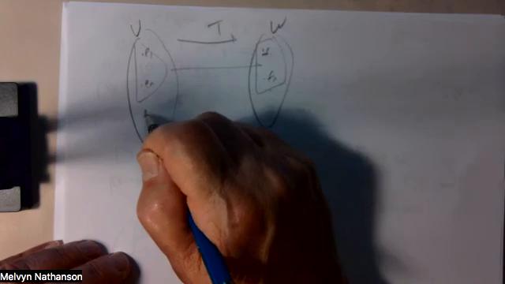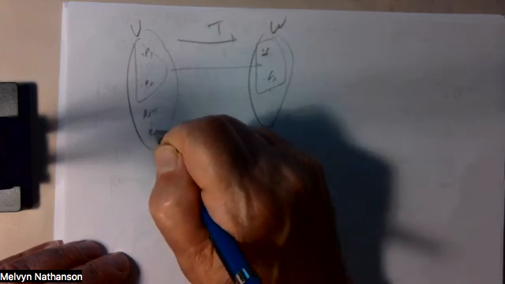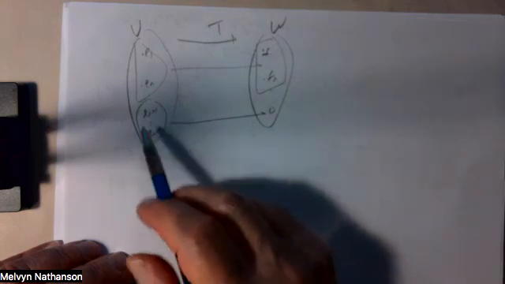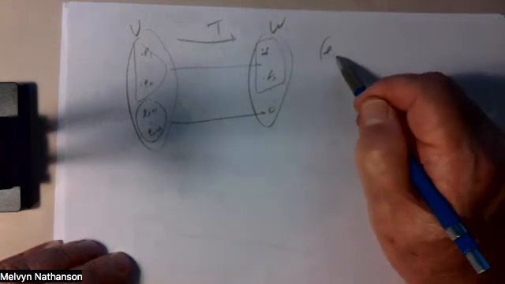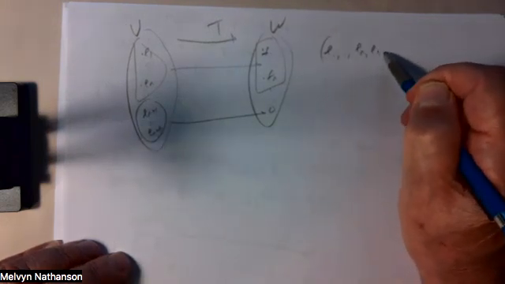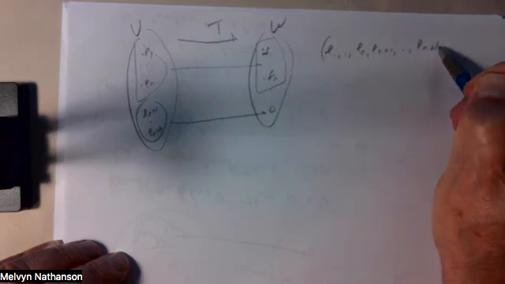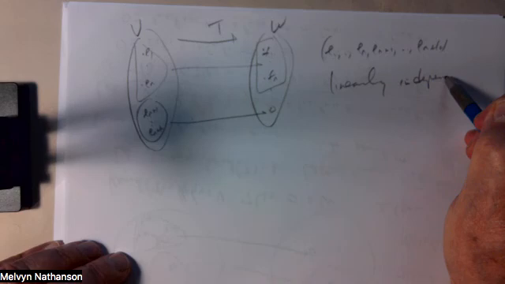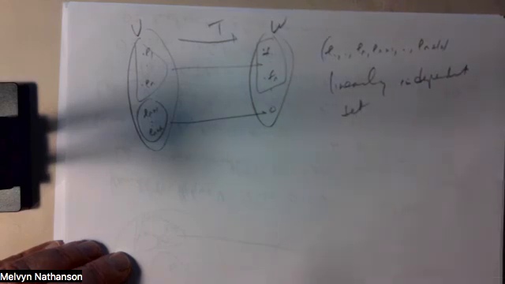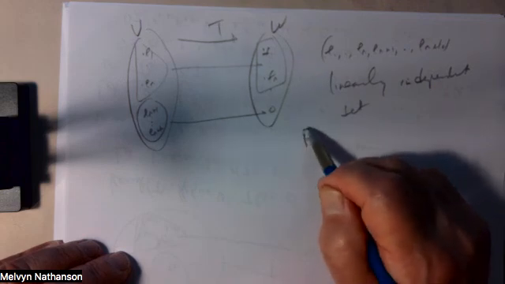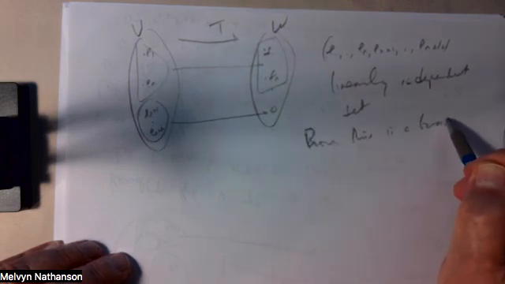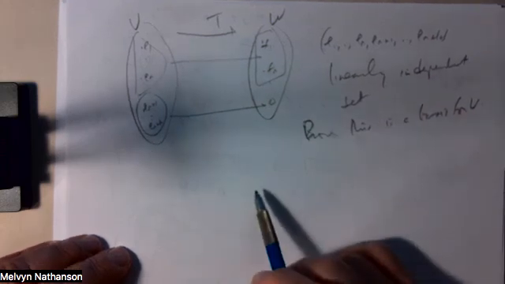And then I have the kernel, E_{R+1} up to E_{R+K}, and they all get sent to 0. And this set of vectors, E1 up to ER, E_{R+1} up to E_{R+K}, is a linearly independent set. And I want to prove this is a basis for the whole vector space.